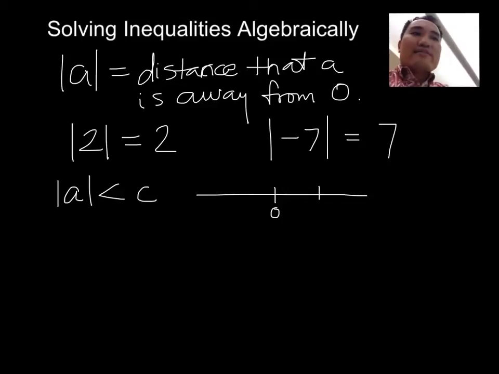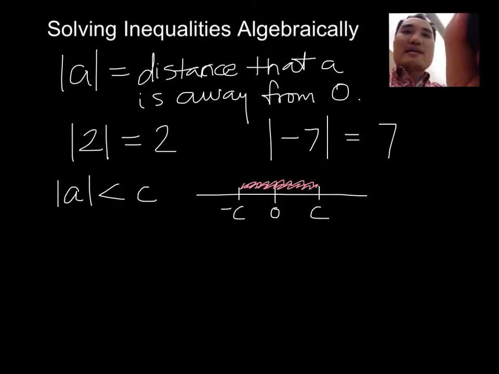So, if I have C over here and I have negative C over here, then A needs to be in this red region, this pink region, because that region contains values that are within C units from 0. So algebraically, how does that look like?